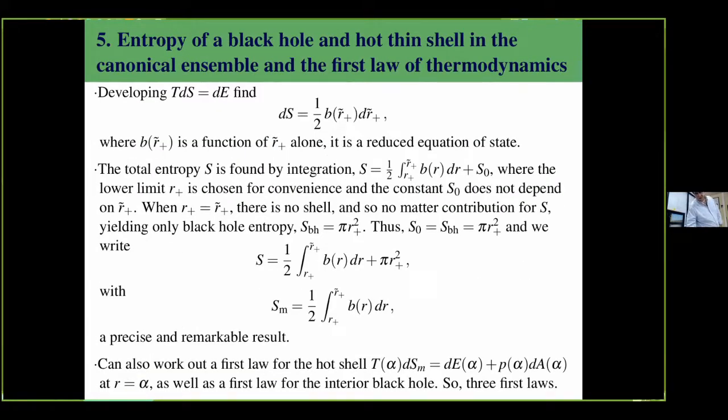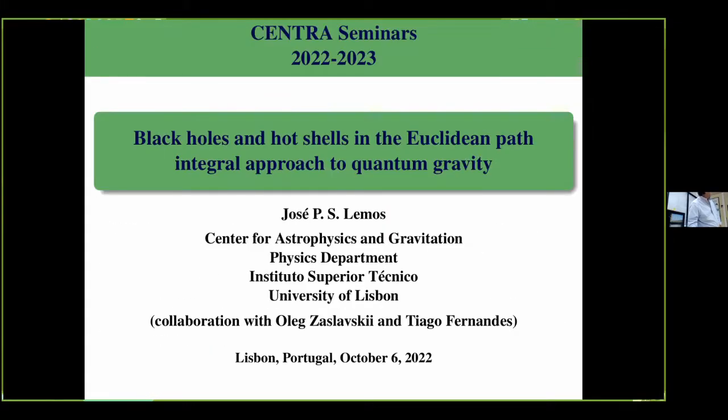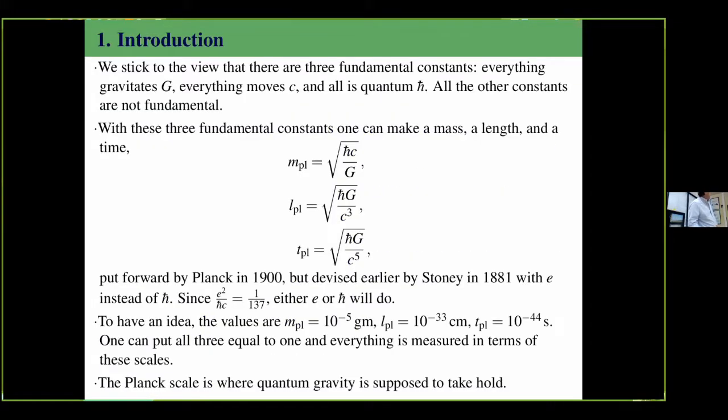So first, I'll give an introduction motivating what we are doing. We stick to the view that there are three fundamental constants. Everything gravitates, and we have the gravitational constant.